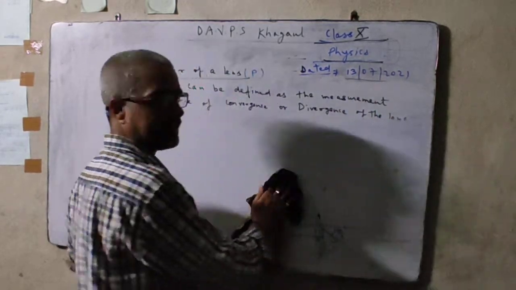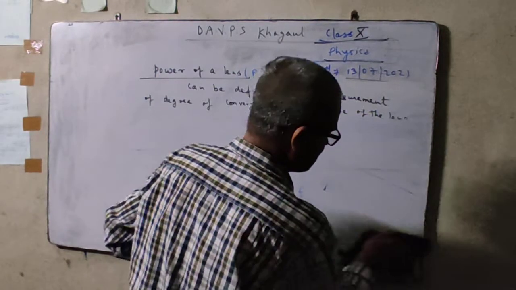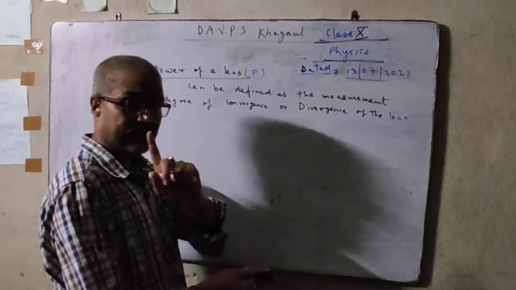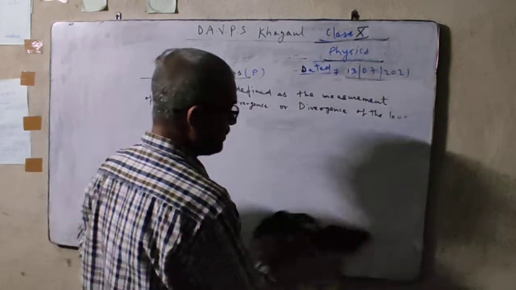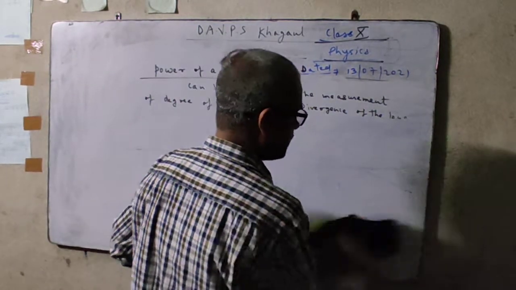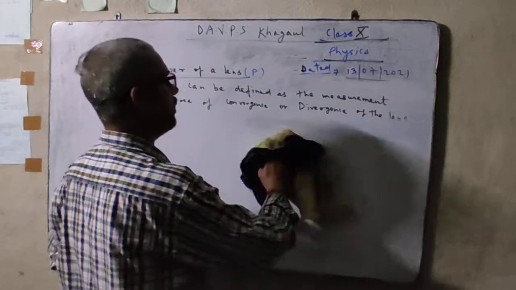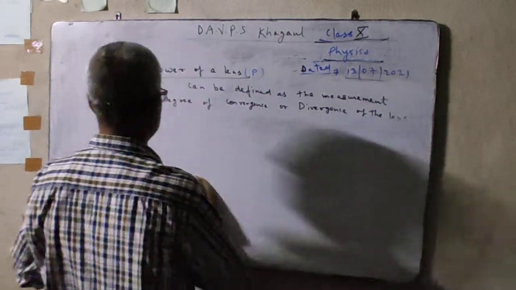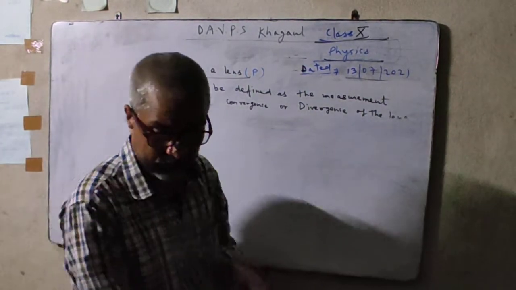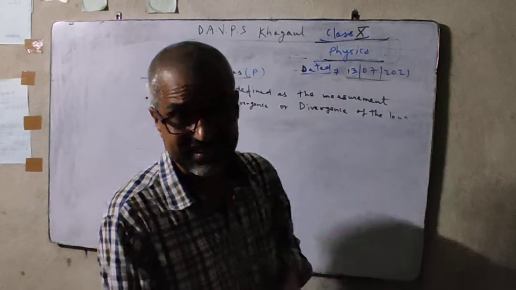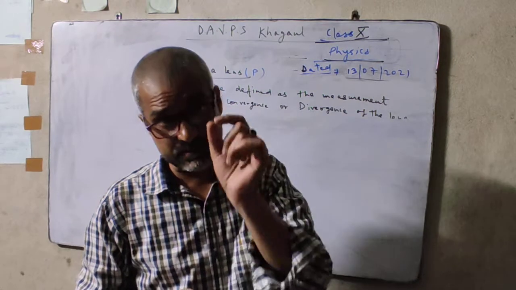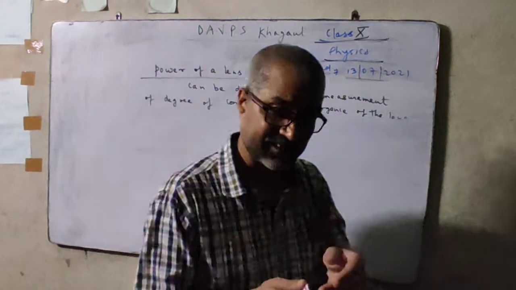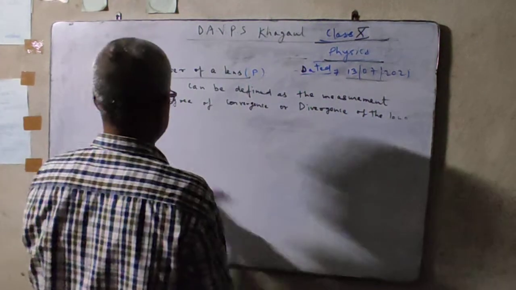Mathematically, power of a lens is the reciprocal of the focal length of the lens. So what is the meaning of reciprocal? How can we prove that this focal length reciprocal works? That means the power of a lens depends on its focal length.